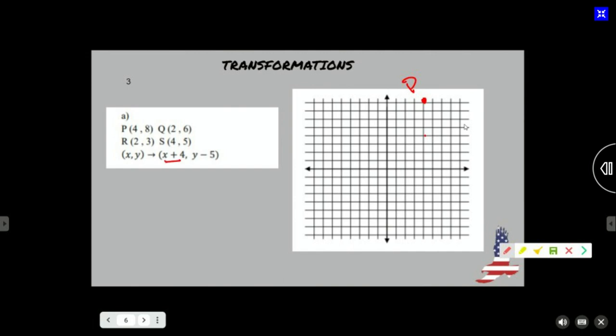Now, what do I have to do to the X? Add 4, right? So what is 4 plus 4? So P prime, X is 8. Second number is Y. First is always X, second is always Y. So 8, what am I going to do?